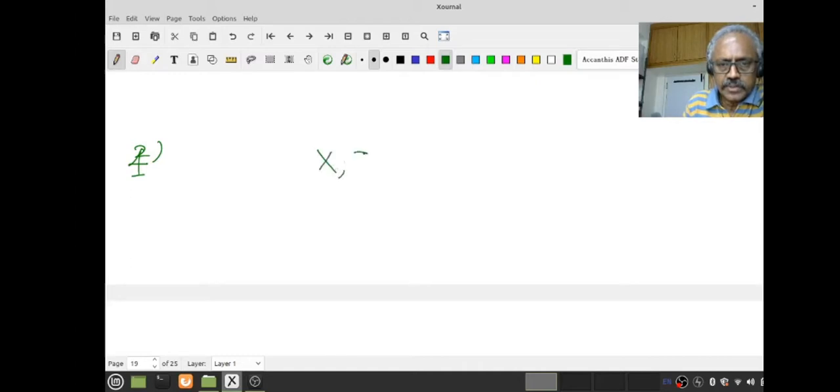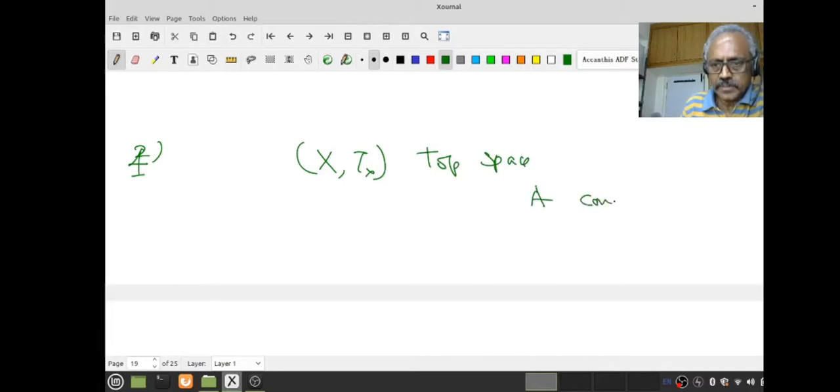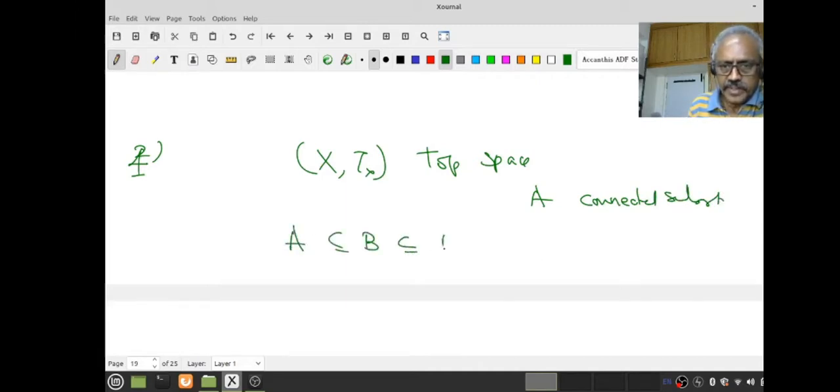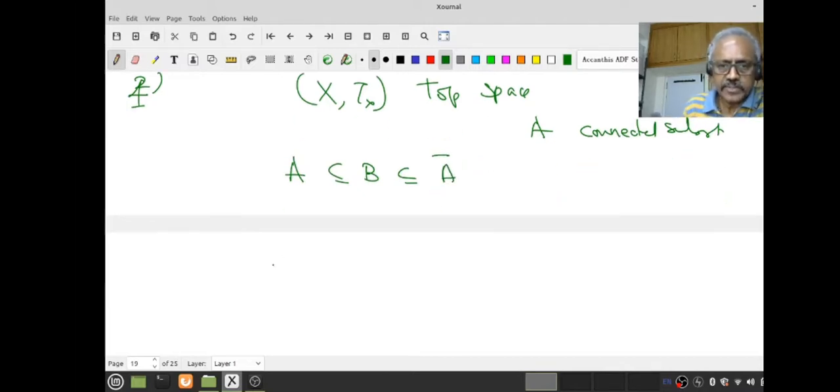Suppose (X, tau) is a topological space, and suppose A is a connected subset. Let B be a subset between A and A closure, right? Then I want to say B is connected.